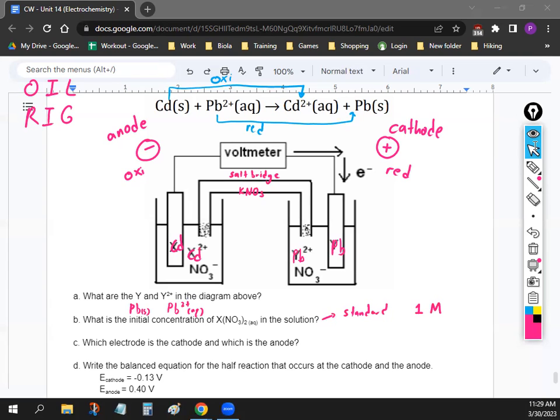Standard cells are 1 molarity concentration. We already saw that the cathode is going to be Pb and your anode is going to be Cd. So far, so good?